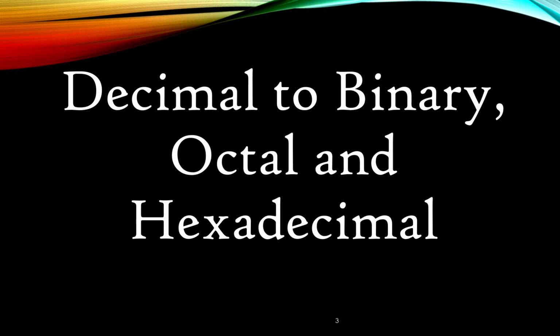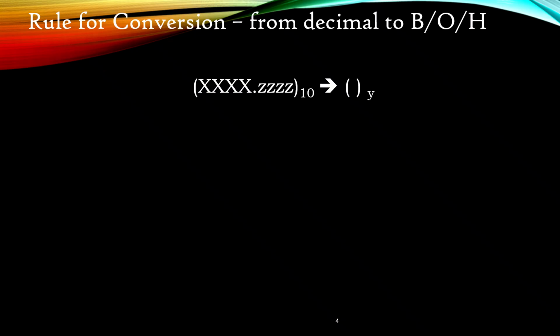Now, let us see the basic or common method for converting decimal to binary or octal. We are going to consider the value xxxx.zzz to the base 10, which indicates it is a decimal number, to be converted to binary, octal or hexadecimal number system.